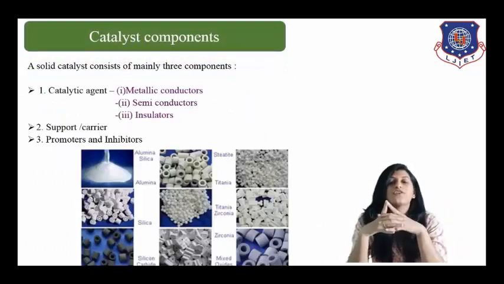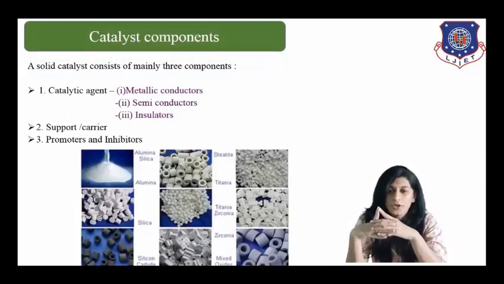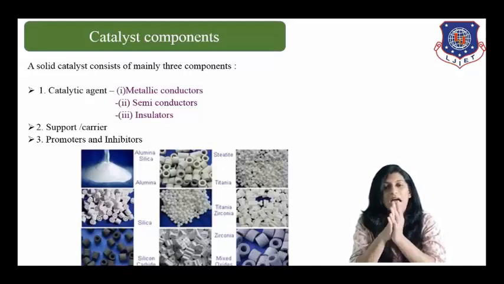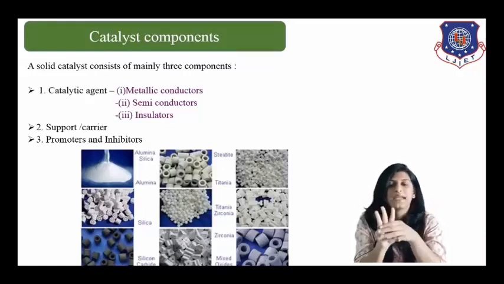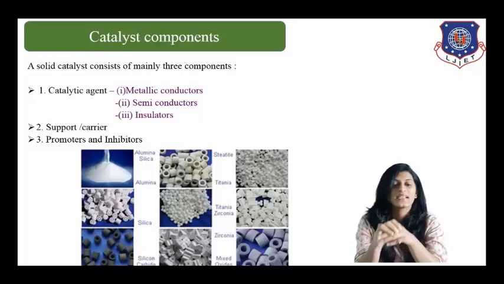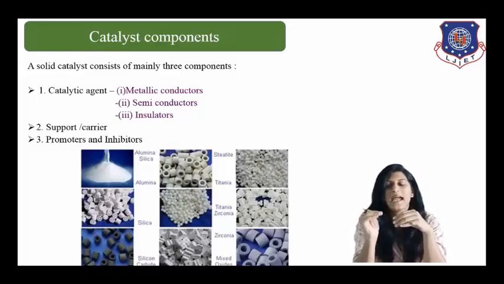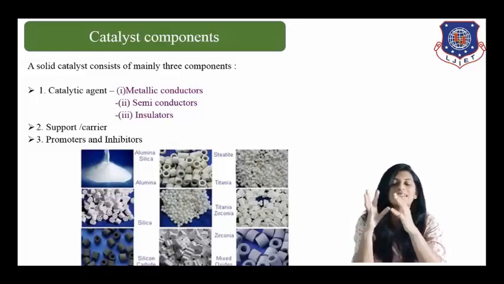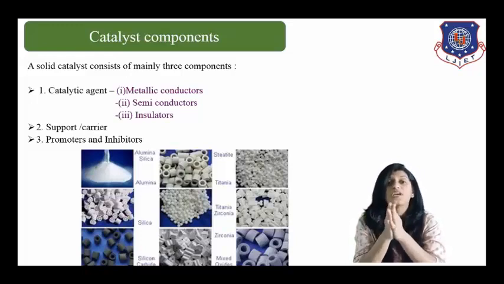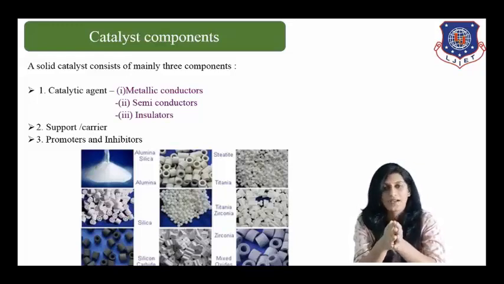Now, what are the various catalyst components? As you can see here, I have listed three main catalyst components. The first one is the catalytic agent. The catalytic agent is the component which is actually responsible for carrying out the catalytic reaction.